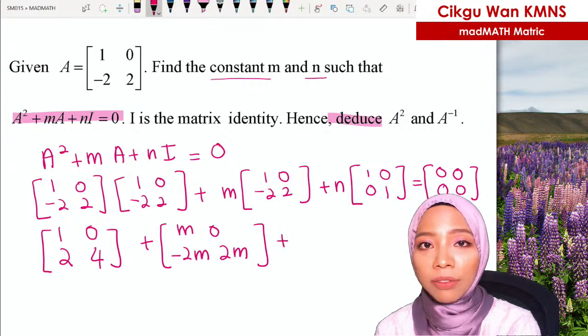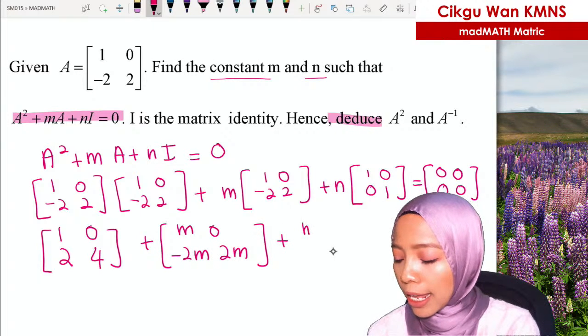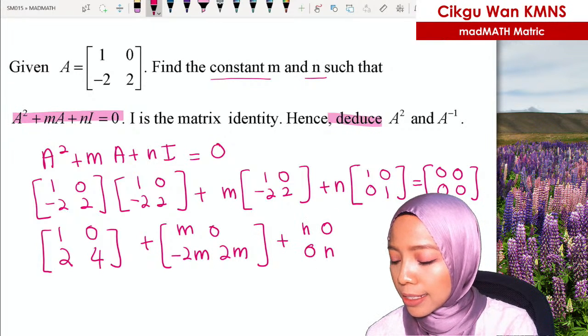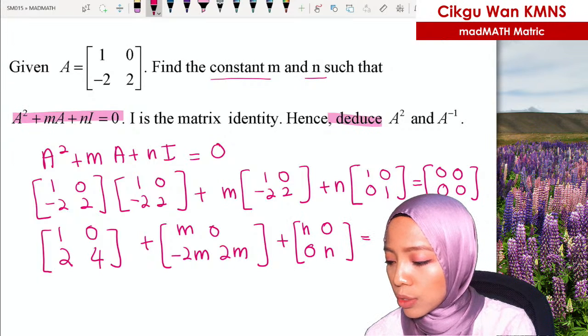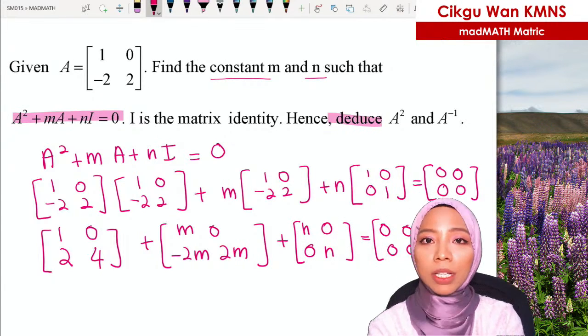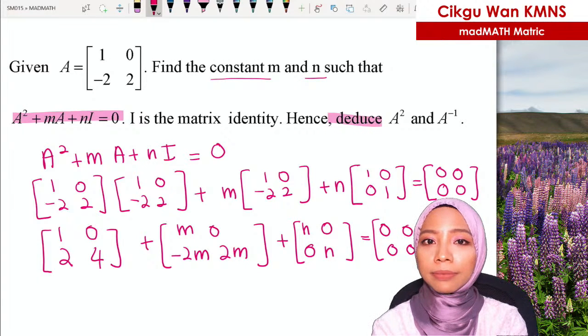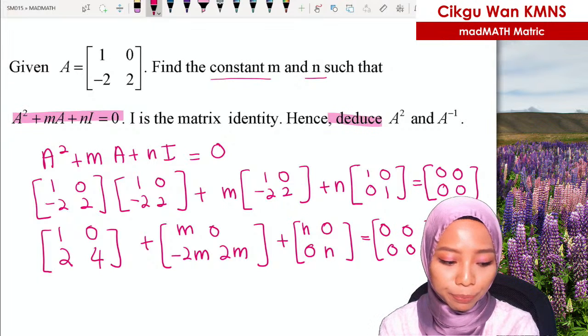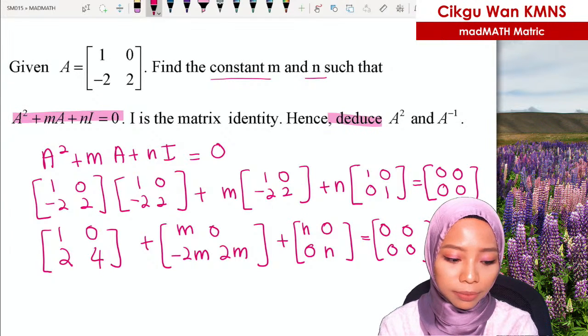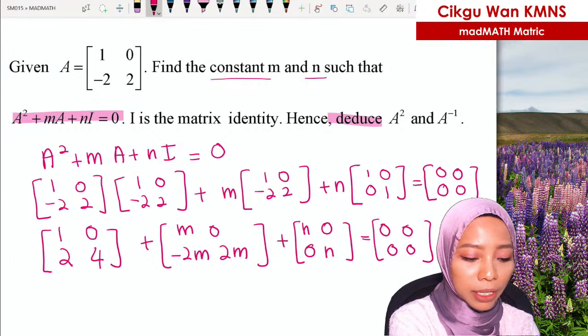Plus with N pada diagonal sahaja. Equals to 0, 0, 0, 0. Boleh semua? Okay, mari kita teruskan.